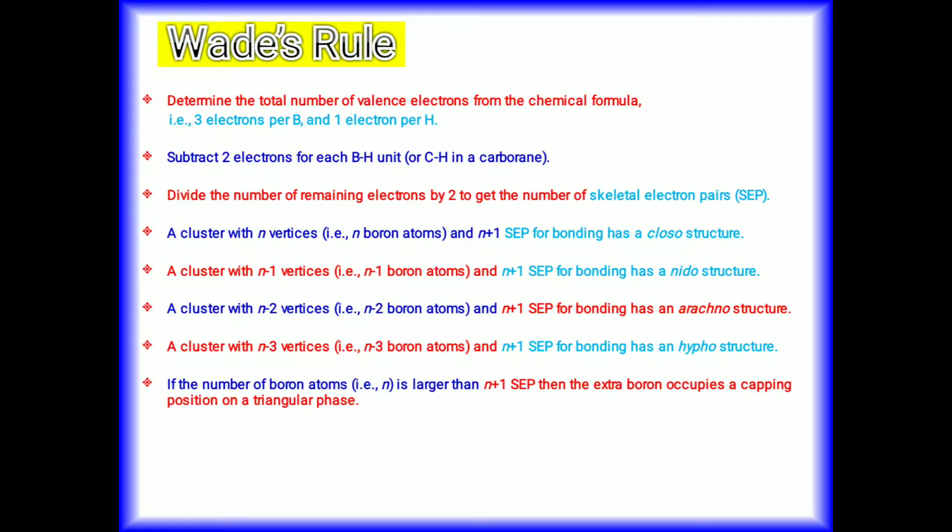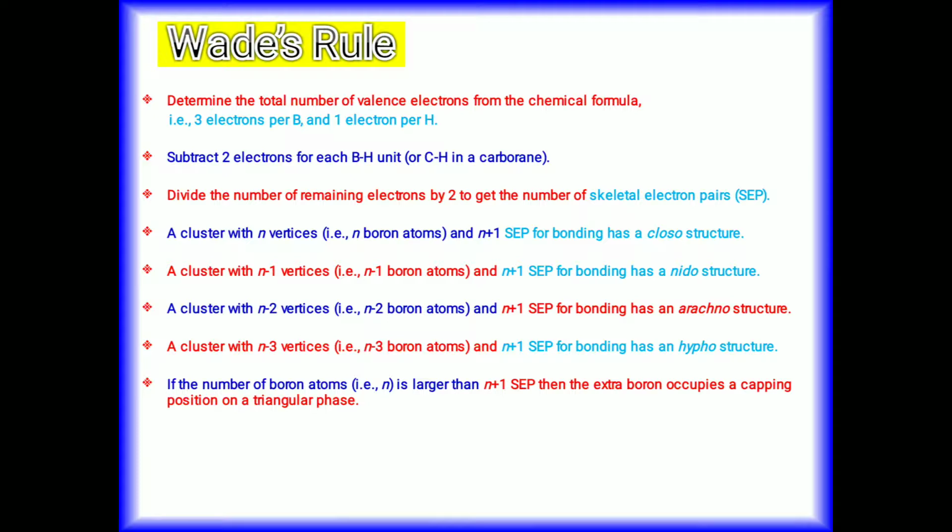A cluster with n vertices, for example n boron atoms, and n plus 1 SEP for bonding has a closo structure. A cluster with n minus 1 vertices, n minus 1 boron atoms, and n plus 1 SEP for bonding has a nido structure. A cluster with n minus 2 vertices, n minus 2 boron atoms, and n plus 1 SEP for bonding has an arachno structure.